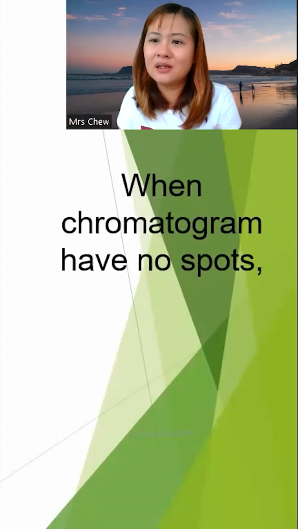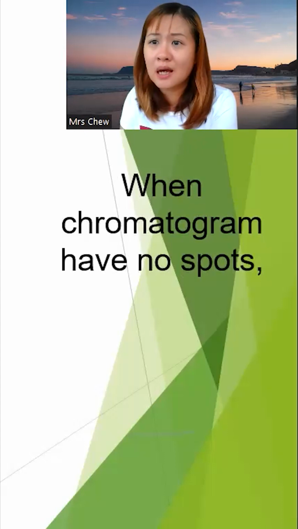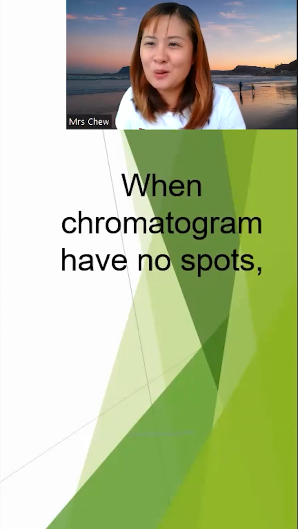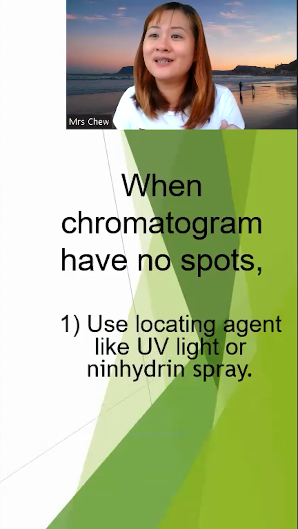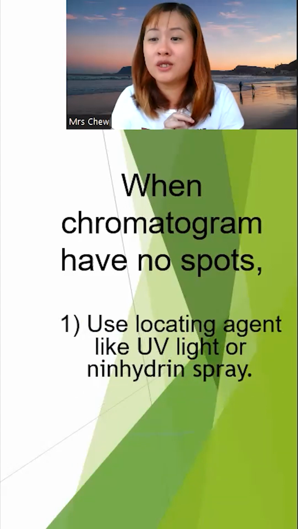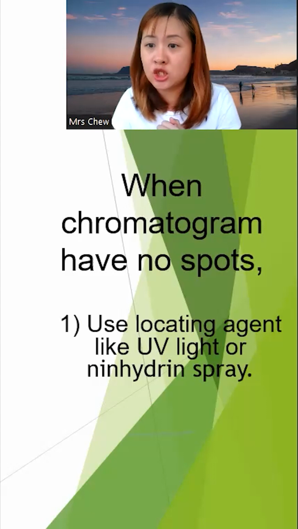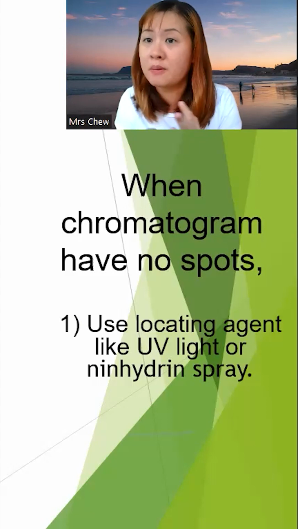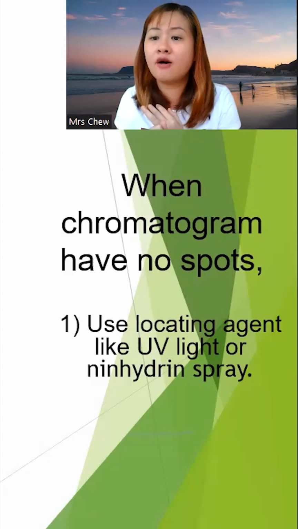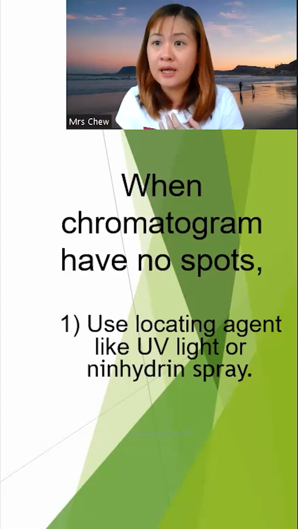Now, what happens if the chromatogram has no spots? Basically, it is just colorless spots, so you use a locating agent, either UV light or ninhydrin spray. Go and memorize that.